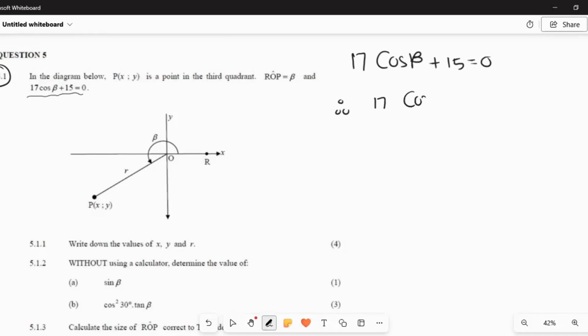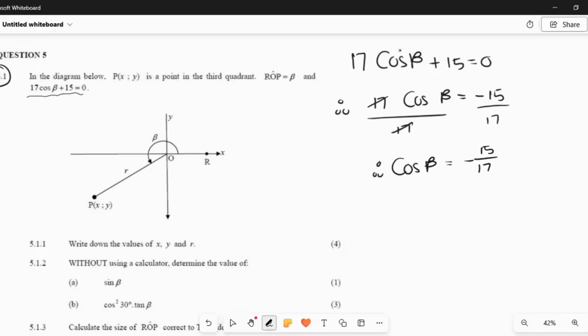Remember, when it goes to the other side of the equal sign, it should be negative, right? So we divide both sides by 17, and then 17 cancels the 17, therefore cos beta is equal to negative 15 over 17.